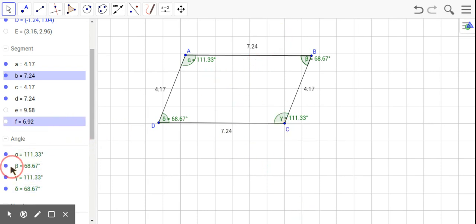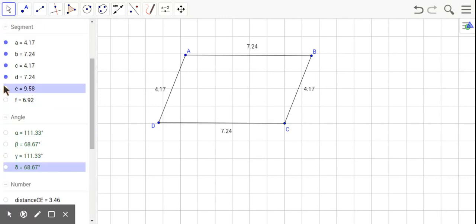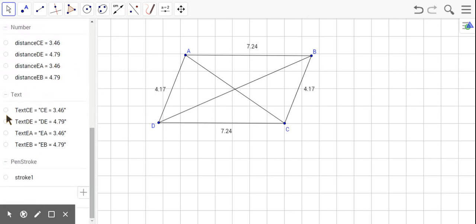And there's one last property that we are going to discuss, and it has to do with the diagonals. So let me find my diagonals and draw them in. Okay, and a diagonal is when you go from one vertex to the opposite vertex.